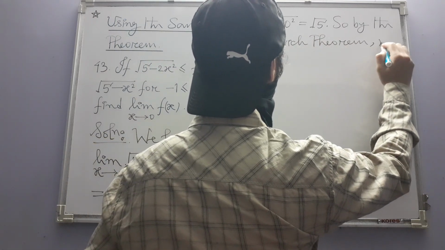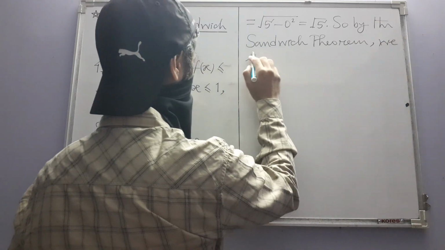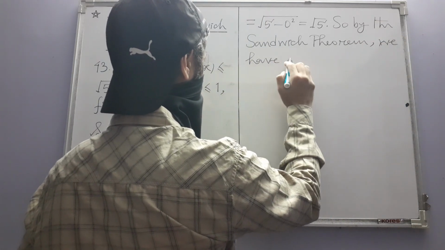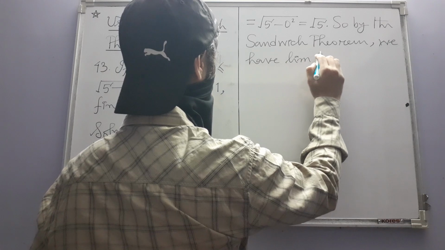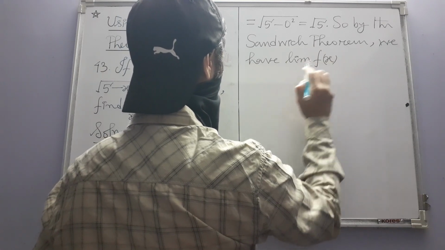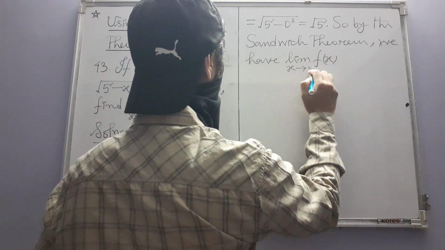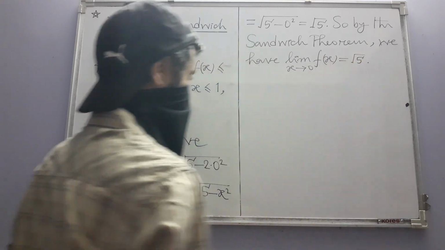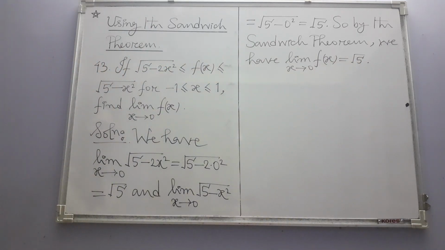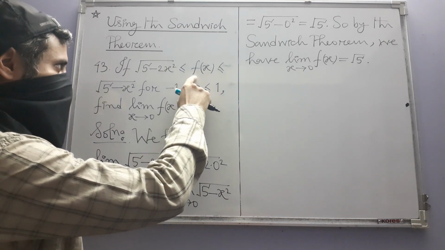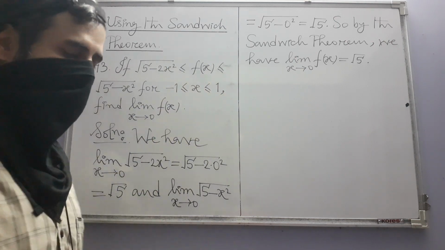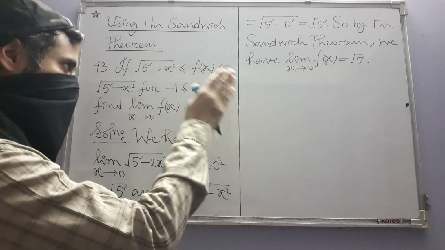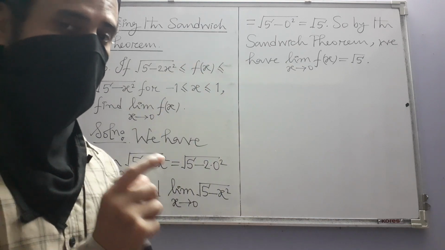So by the sandwich theorem, we have this. So the power of this theorem is that regardless of what the function f actually is, the limit should have this value only, and the limit exists.